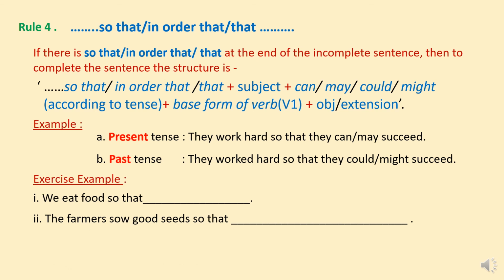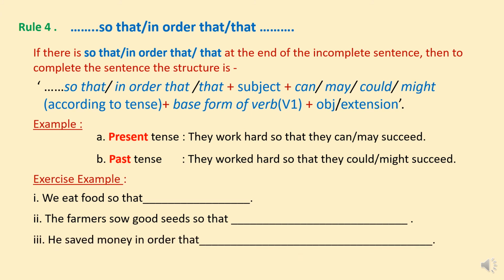The third one: he saved money in order that. We can see after so that and in order that there are blanks. So it means we have to complete the sentences, and of course according to the rule we have learned.